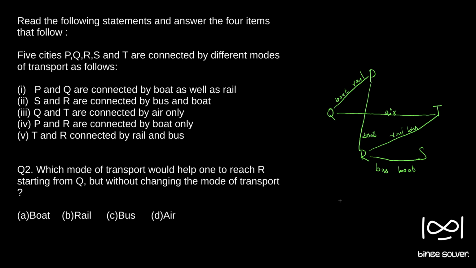So we will start from Q, then to P. From there, we can reach R. P to R only boat is available. Q to P there is boat also. So we can choose boat. So without changing the mode of transport, we can start from Q and reach R. So boat is the correct answer.